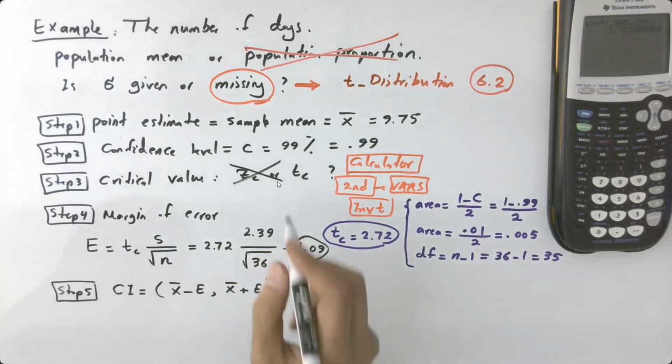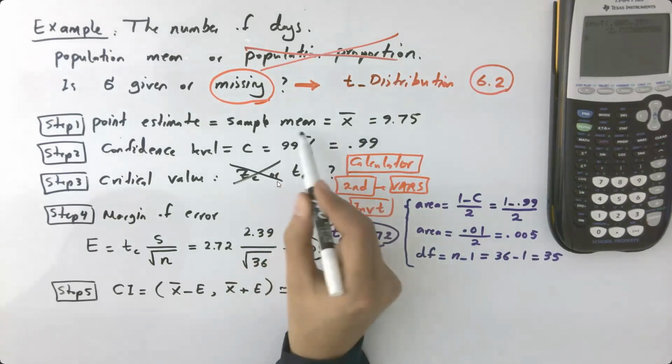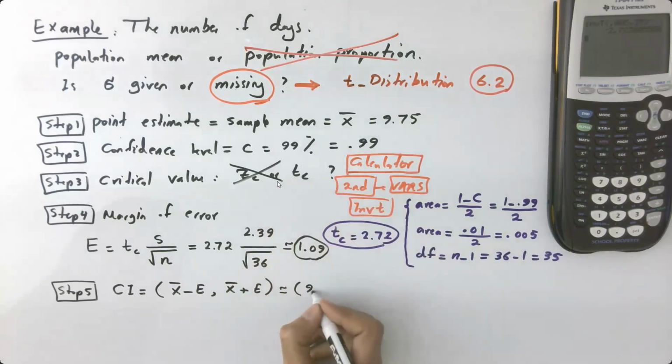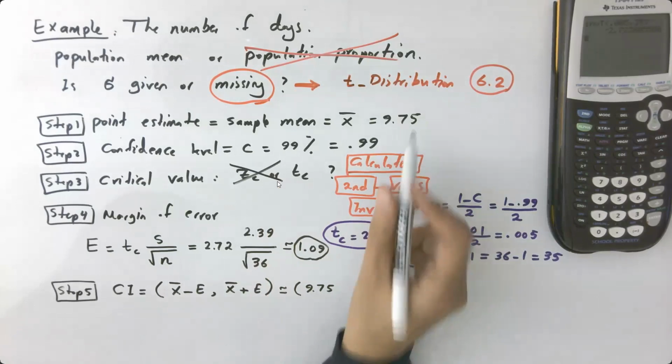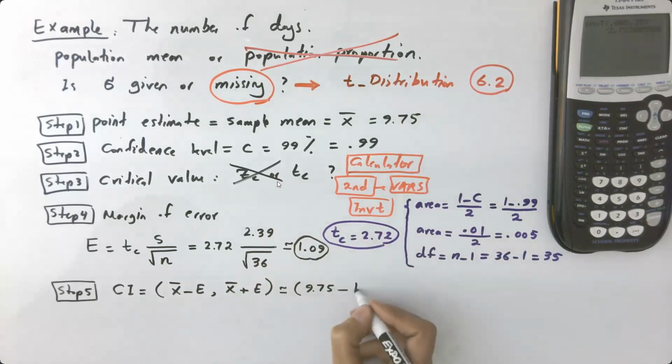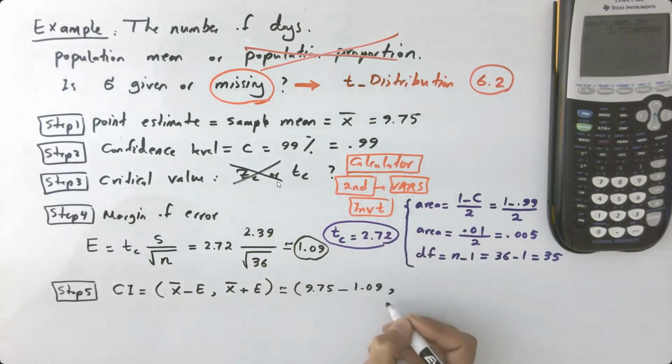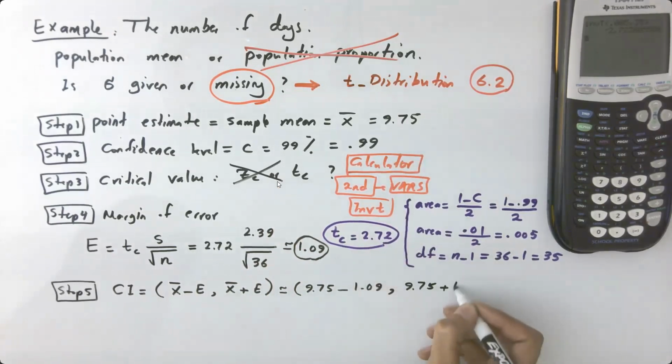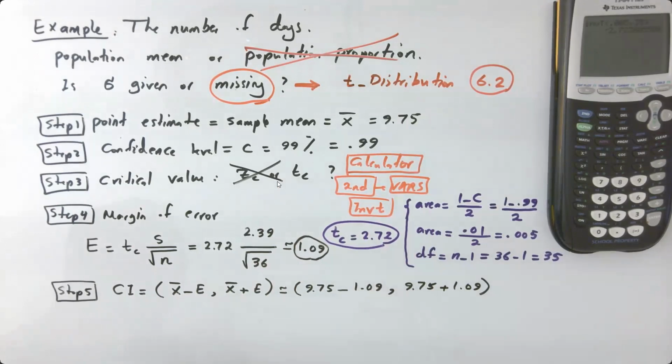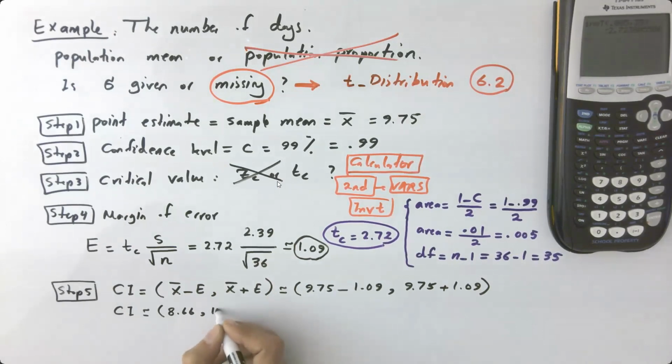X bar, the mean of the sample, is 9.75 minus the margin of error 1.09, comma, 9.75 plus 1.09. So the confidence interval approximately is 8.66 days to 10.84 days.